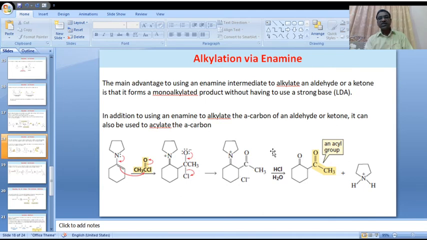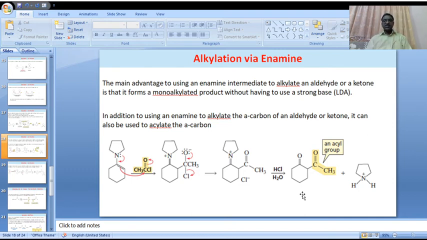On acidic hydrolysis, after cleavage of this secondary amine, the alpha acylated compound is obtained, with the acyl group bonded at the alpha carbon.